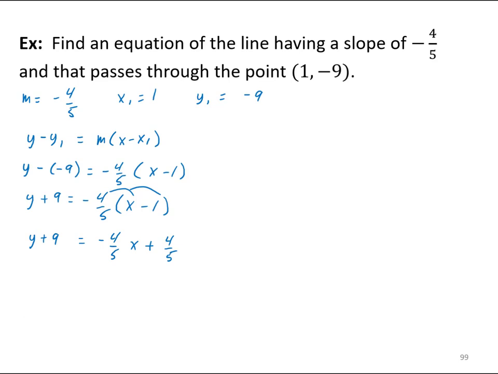Now we'll distribute negative 4/5 so that we have y plus 9 equals negative 4/5 x plus 4/5. So we have negative 4/5 multiplied by negative 1. That's why I have addition there. Now we'll subtract 9 from both sides of this equation, so that we have y equals negative 4/5 x and 4/5 minus 9 is negative 8.2, and as a fraction that is negative 41/5.